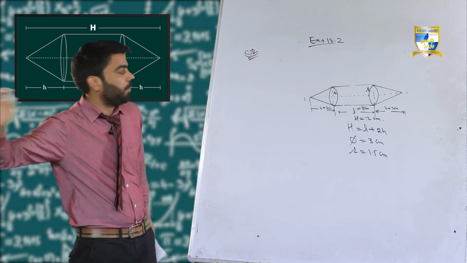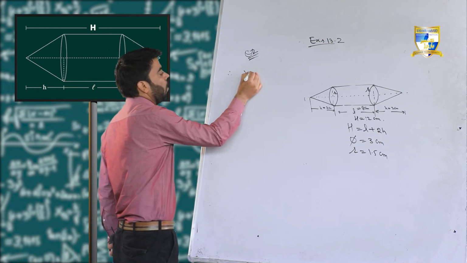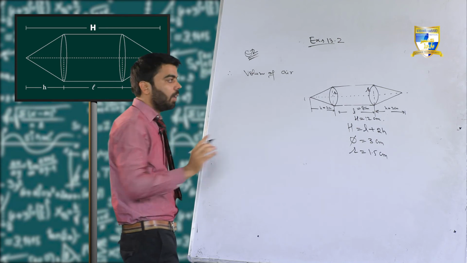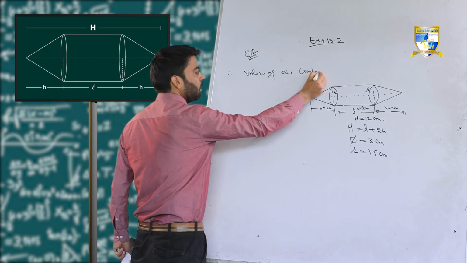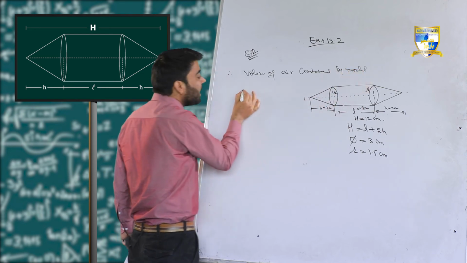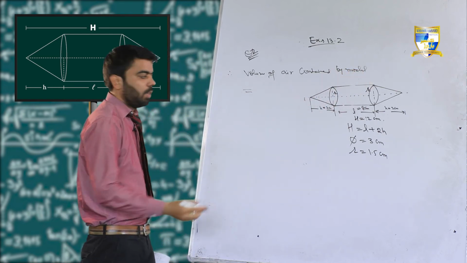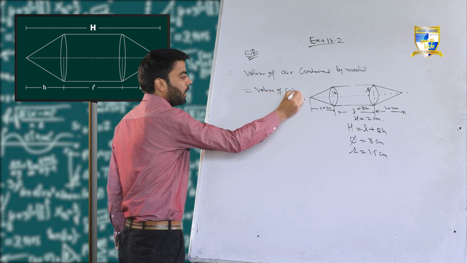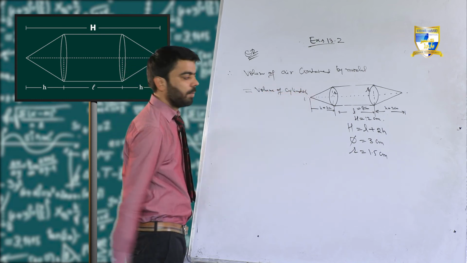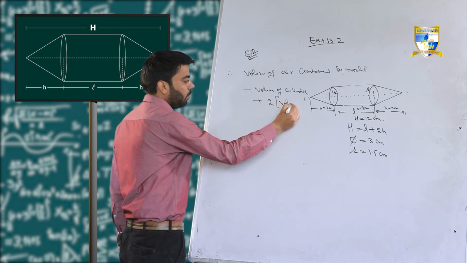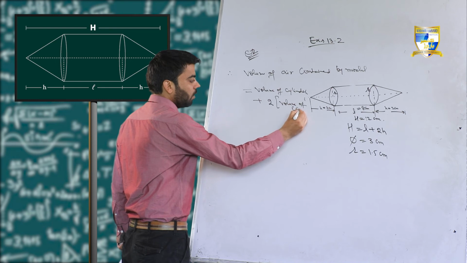So we will write, therefore, volume of air contained by model is equal to, simple, volume of cylindrical part, we can write volume of cylinder, plus twice the volume of cone.